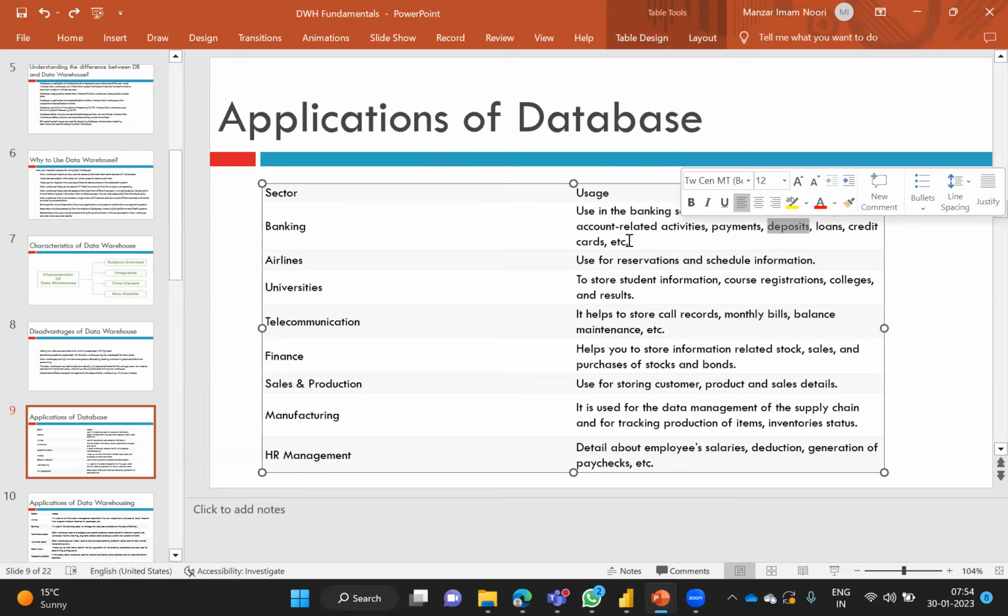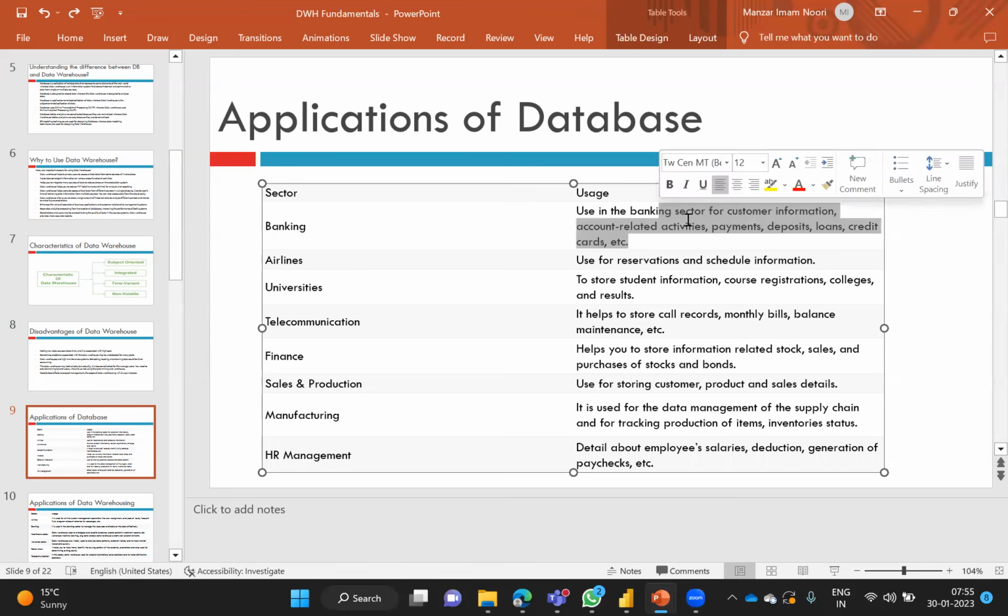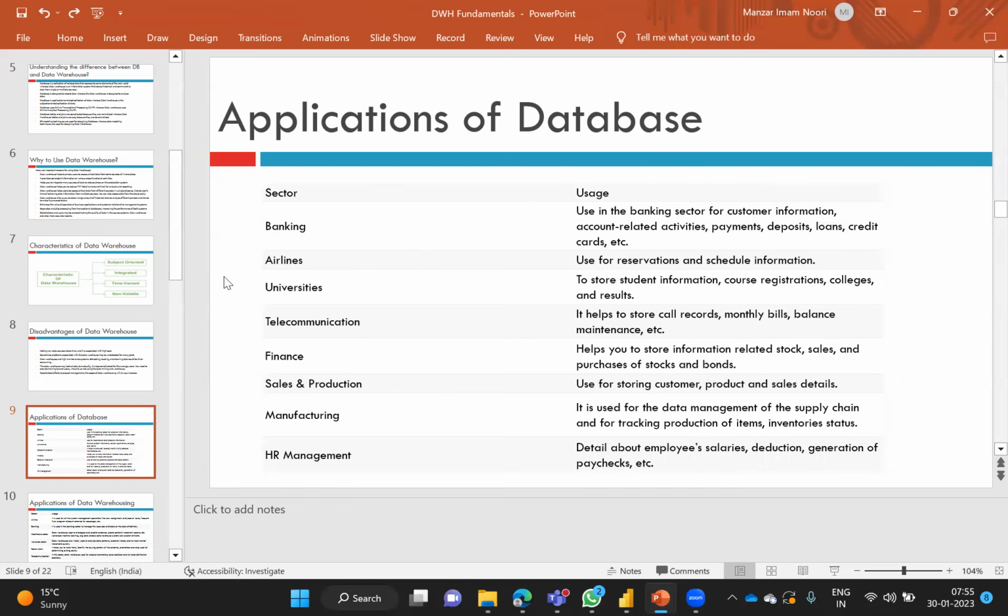But in a data warehouse, you are going to analyze maybe bank loan fraud, or maybe eligible customers. You are going to check all of their information, their payments, deposits, or loans. You bring all of these things into one place, analyze their information, and based on that you take some decision.